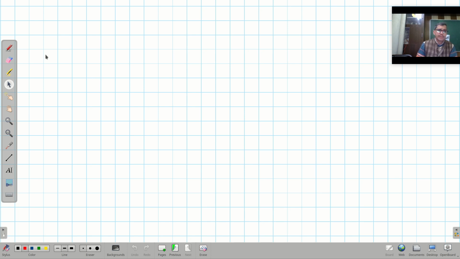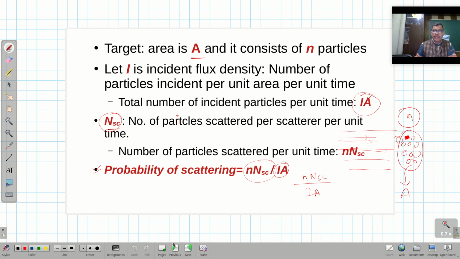So this is the one thing which I have defined, what we call scattering in the earlier slide that I have shown you.